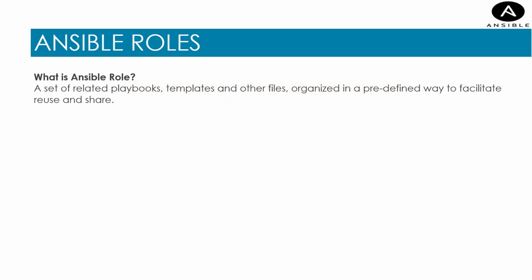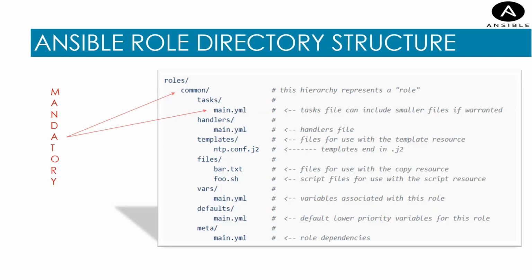So what is an Ansible role? A set of related playbooks, templates and other files organized in a predefined way to facilitate reuse and sharing. Ansible role directory structure: if you create an Ansible role manually, the name of the role is needed, and you can place that in any folder name.